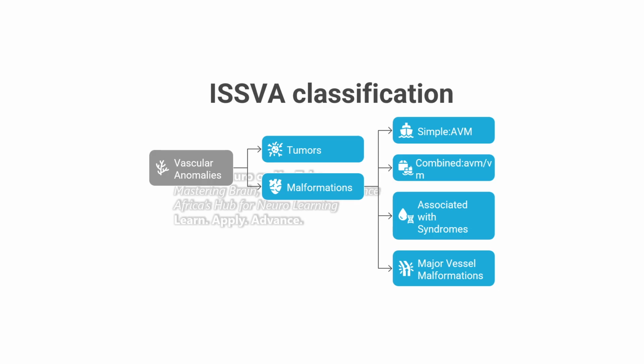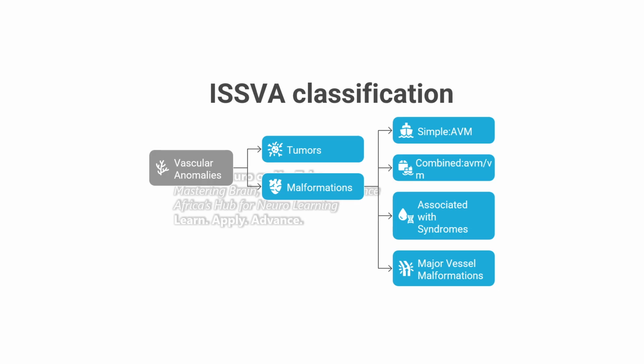Then the combined, which involve multiple vessel types, like arteriovenous malformations combined with venous malformations. Then those associated with syndromes, like Sturge-Weber syndrome and Klippel-Trenaunay syndrome. Then the major artery malformations, those affecting large arteries or veins, for example, the vein of Galen malformations, even aneurysm, fall under this category.